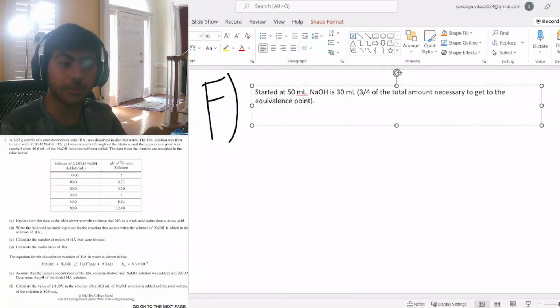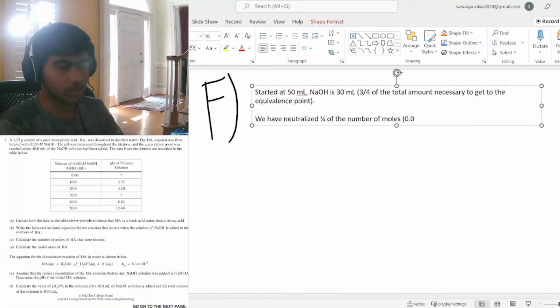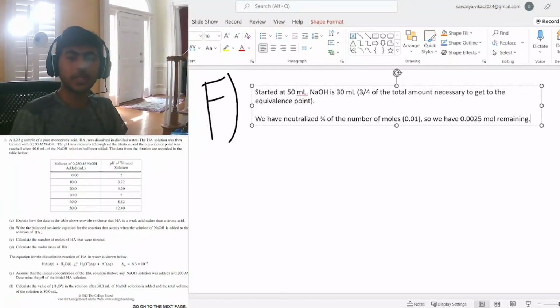Essentially, we've neutralized 3/4 of the 0.01 moles, so we have 0.0025 mole remaining.